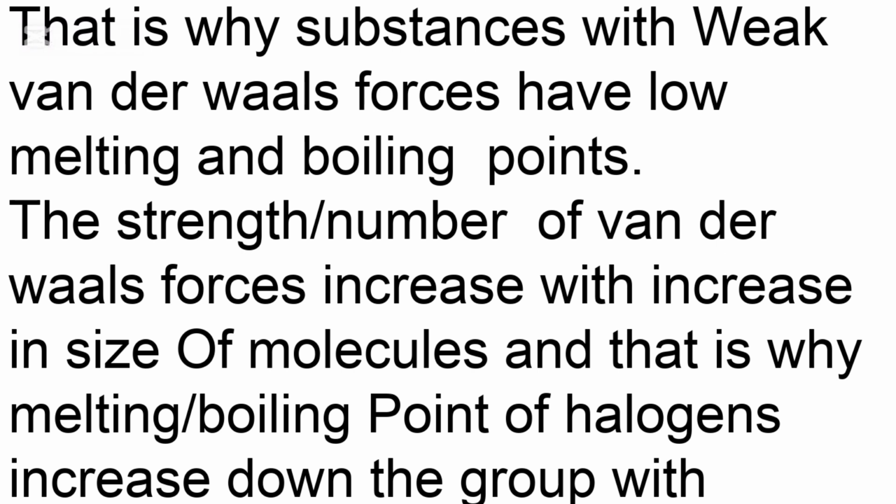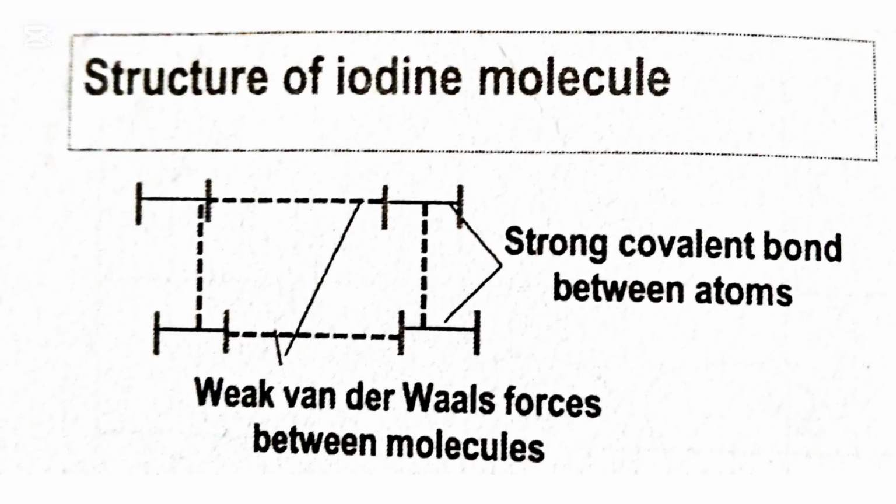The strength or the number of van der Waals forces increases with increase in the size of molecules, and that is why melting and boiling point of halogens increases down the group with increase in the size of the molecules. Now, the structure of iodine molecule is as follows.